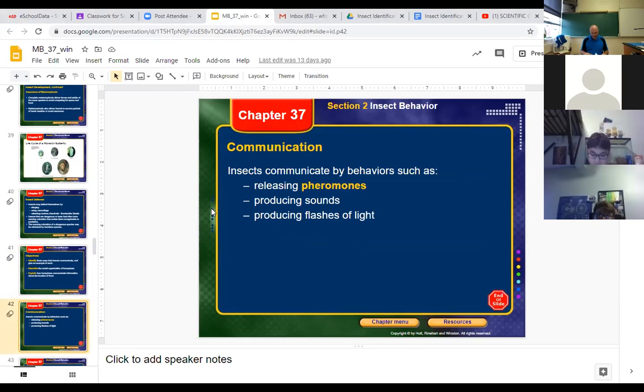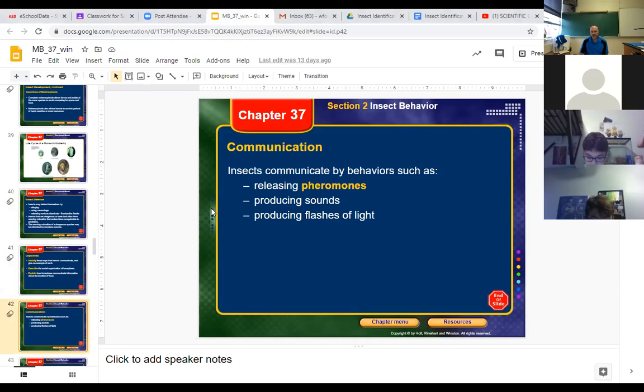So this is right at the top of page 26. Now it says a lot of insects communicate with behaviors such as pheromones, producing sounds and producing light. Now you all know lightning bugs make light. Glowworms are baby lightning bugs, but they can glow for a little while.